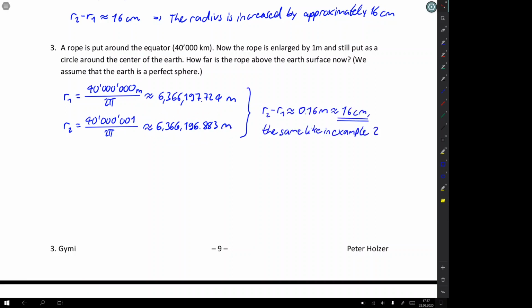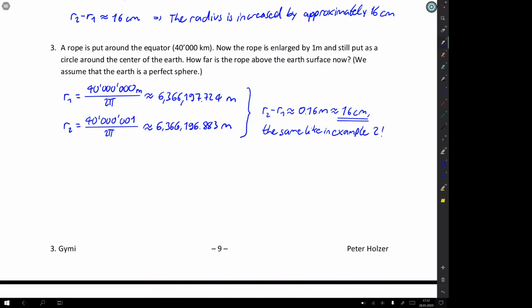And we get that the difference between these two radii is 16 centimeters. This is the same result as in example 2. Well, seriously, who of you really thought it would be so much? I'd assume that most of you would have guessed it would be less than a millimeter. That's what I did when I originally heard this task.